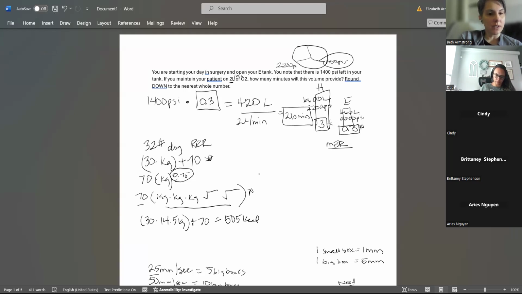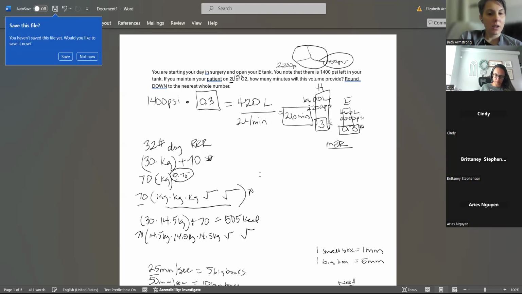Now, if we do this other one, we have 70 times 14.5 kilograms times 14.5 kilograms times 14.5 kilograms. And then we're going to square root. So 14.5 times 14.5 times 14.5, and then we are going to square root.